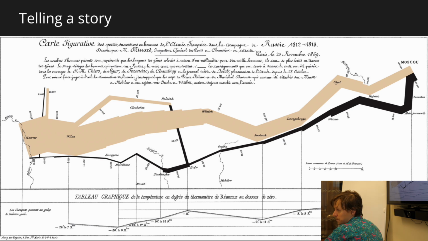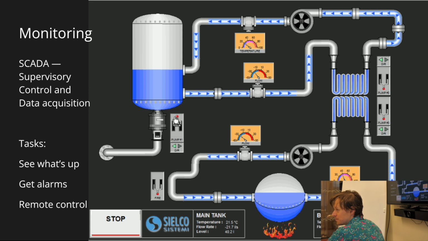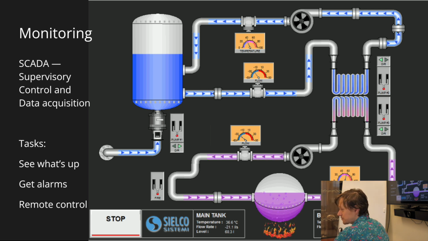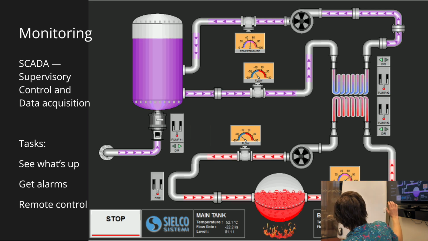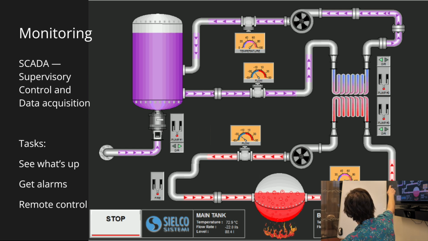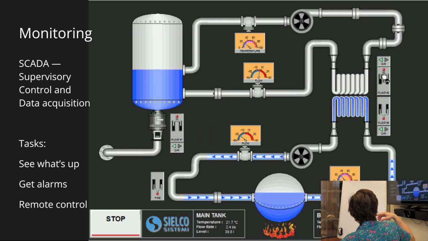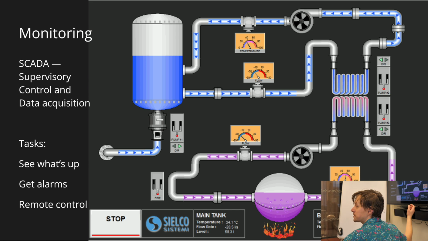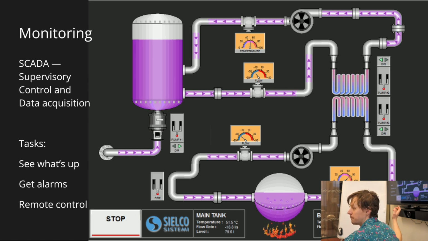I'll show you something completely different now. Let's look at a different task that data visualization may help solve. This is a monitoring task. It is called SCADA, Supervisory Control and Data Acquisition. This is a representation of a heating system in some kind of building.